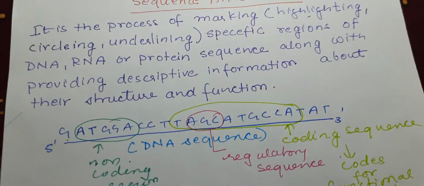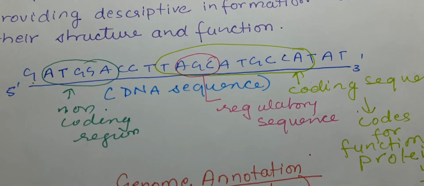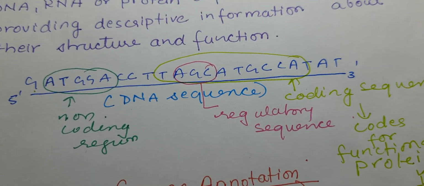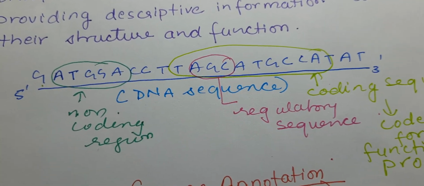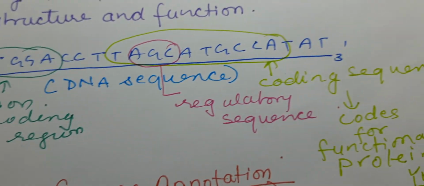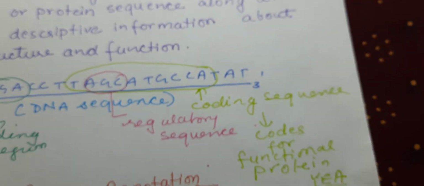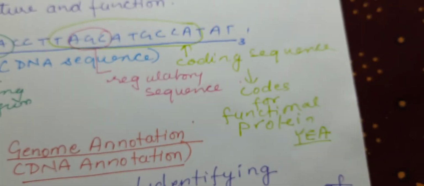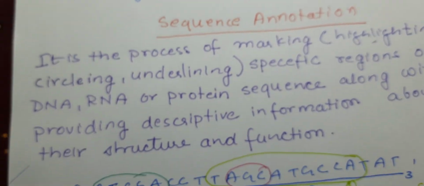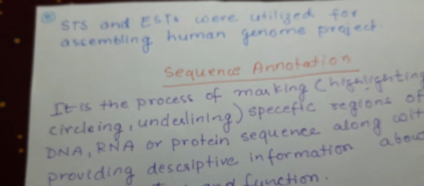For example, here is one DNA sequence, and I have highlighted or marked the areas: this is a non-coding region, this is a regulatory region, this is a coding sequence, and it codes for what purpose. So it provides all the functional descriptive information.